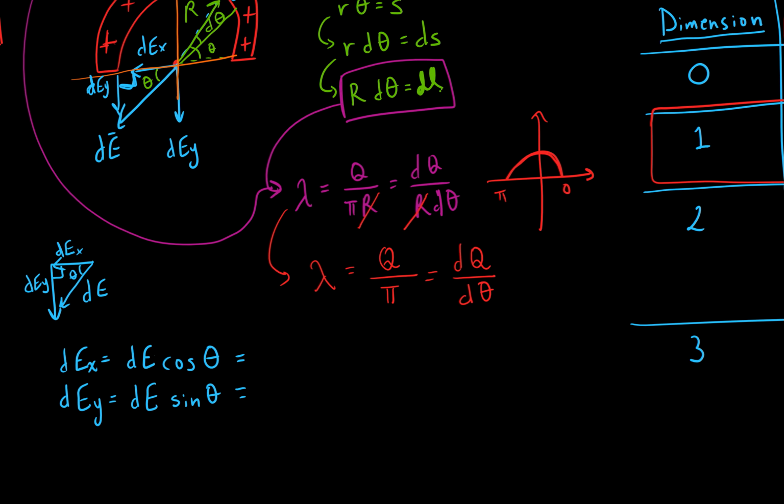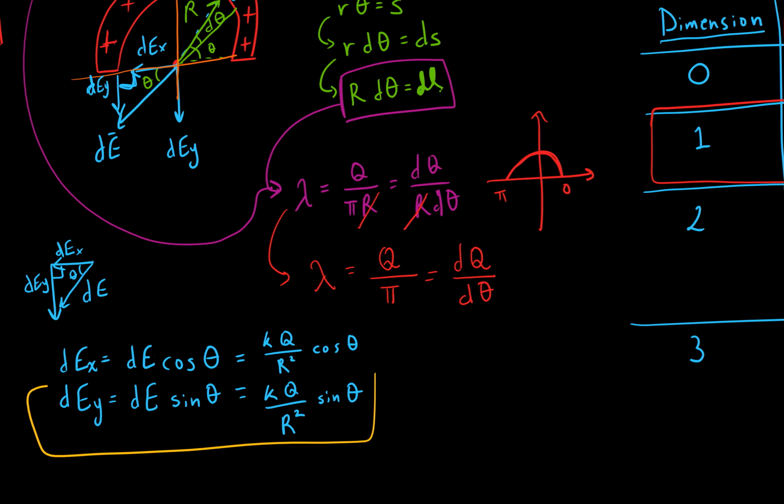We know that that is going to be k times dq over r squared times cosine of theta. Likewise, this will be k times dq over r squared times sine of theta. I've already said the x components are not that important for us. They're all going to cancel. We verified that previously. So we're just going to focus on working with the y components.